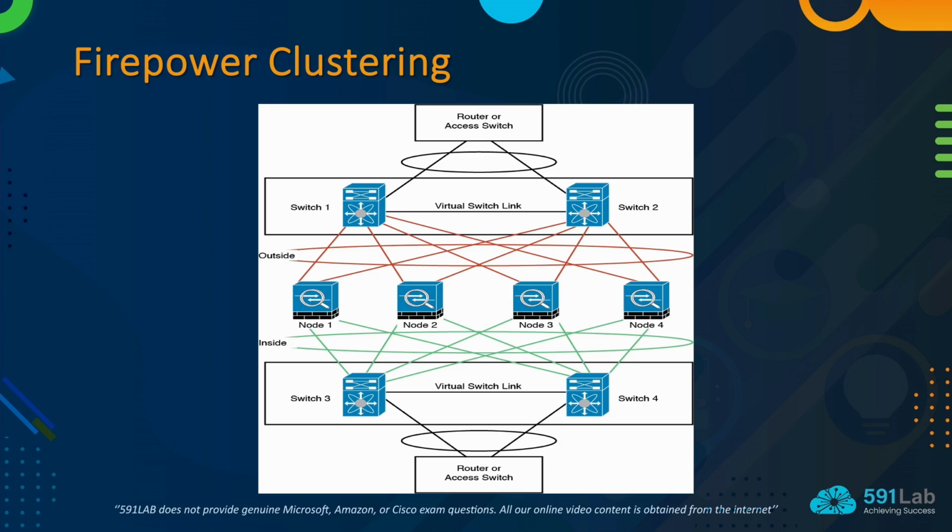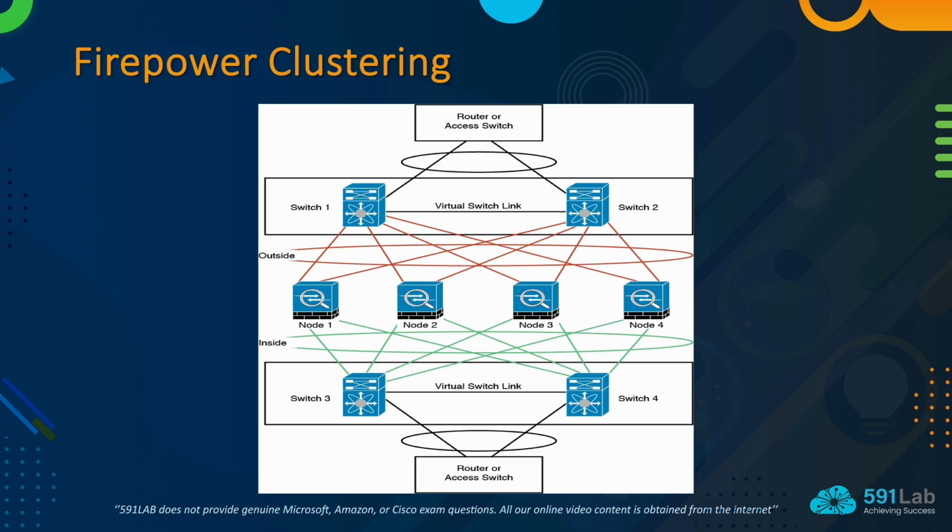One of the primary benefits of Cisco FTD clustering is scalability. By clustering multiple FTD devices together, you can increase the overall throughput and capacity of your security infrastructure. This can be helpful for organizations that are experiencing high traffic volumes or that need to support a large number of users.